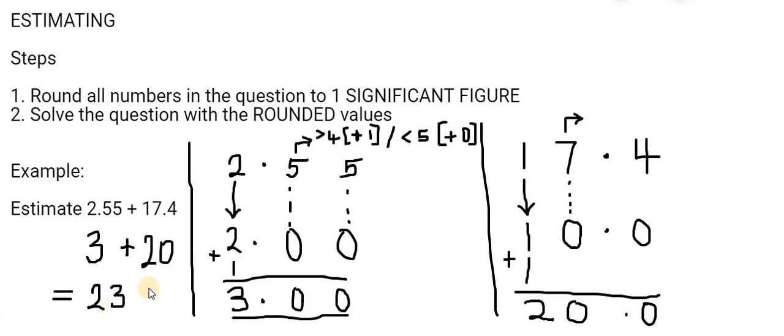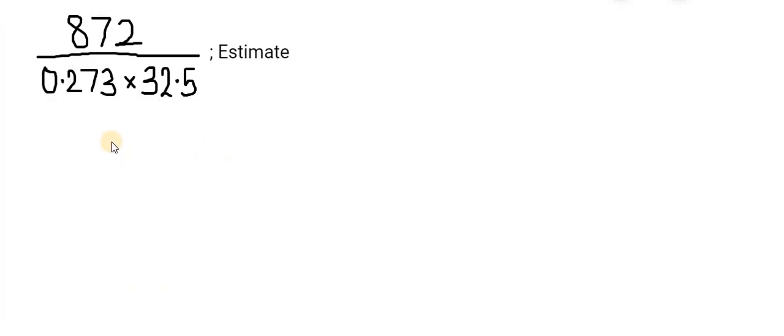Simply follow the process of rounding all the numbers in the problem to one significant figure and then solving the problem with the rounded numbers. Now a much more complicated example, but the rounding process is still the same.